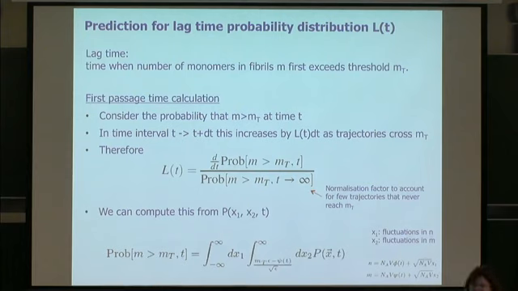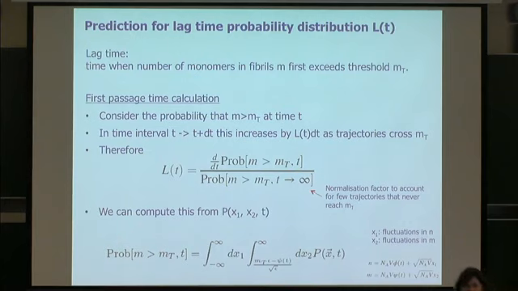So you want to know the distribution of the first time when the number of monomers in fibrils exceeds this threshold. The way that you do this is you think about the probability that the number of monomers in fibrils is higher than the threshold. And then you can ask how that changes in time. If you consider a time t to t plus dt, how does the probability of being above the threshold change?